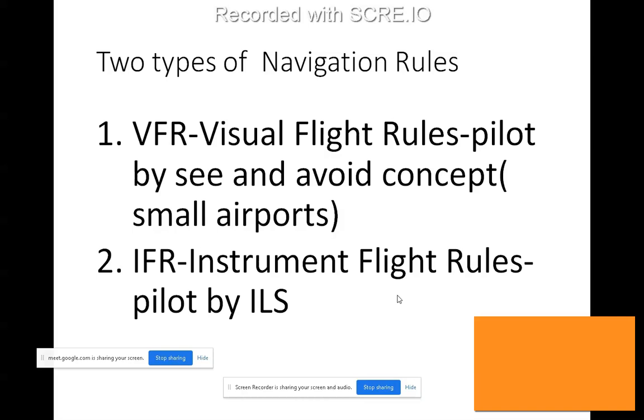IFR is instrument flight rules. This is used by the pilot with ILS. ILS means instrument landing system, which provides safety for the landing of your aircraft on the runway.